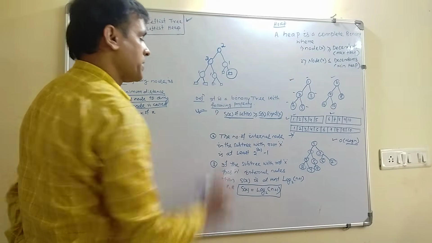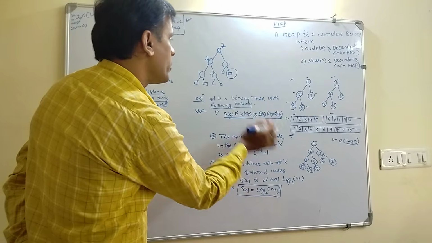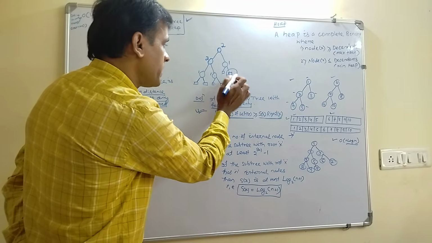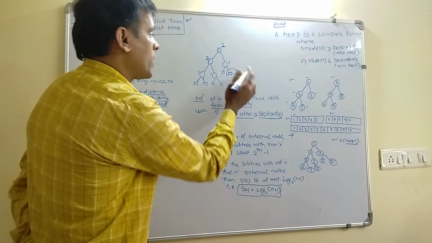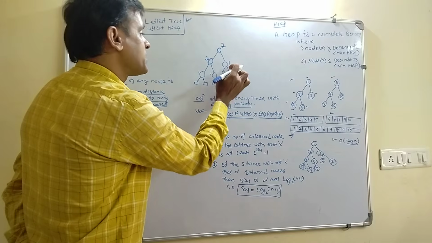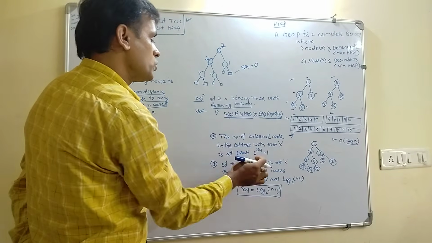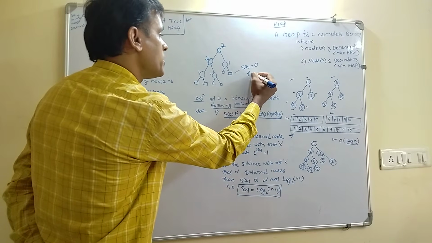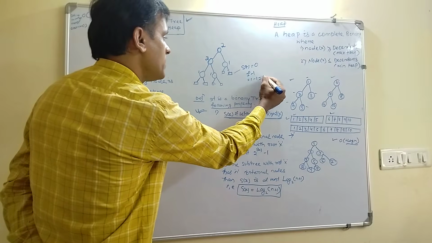Then the number of internal nodes in the subtree with root x, in this there is no root, there is no subtree, is at least 2 to the power Sx minus 1. So what is the Sx value of this external node? The Sx value of this external node is 0. So 2 to the power 0 minus 1 is equal to 1 minus 1, that is equal to 0.